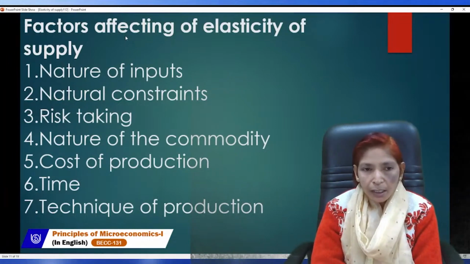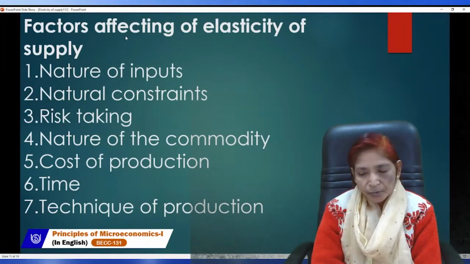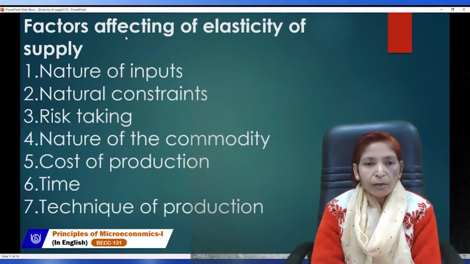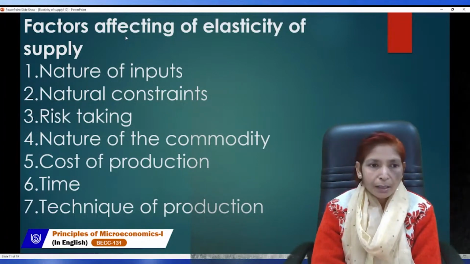So you can't increase or decrease the supply of those commodities which depend upon nature. In this case, if any natural constraint exists in the production of goods and services, then elasticity of supply will be inelastic or less elastic.